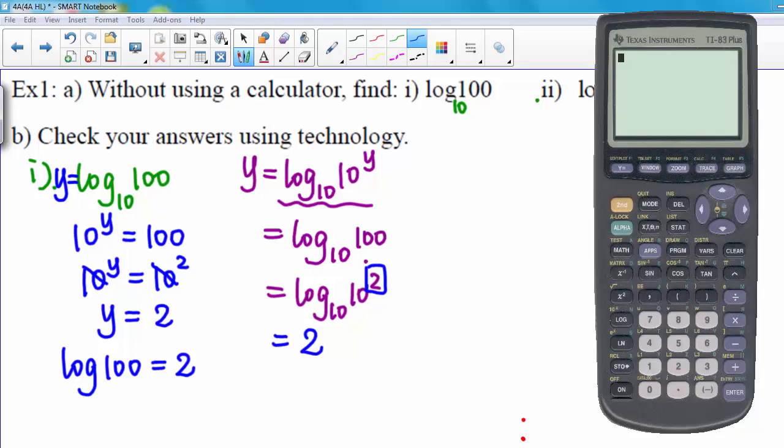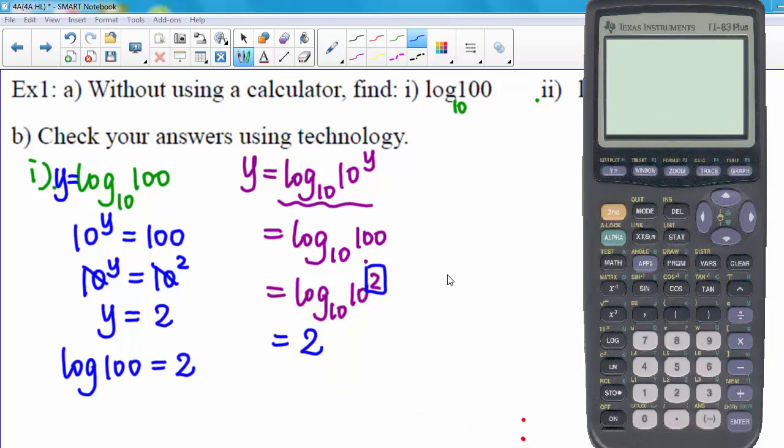The function key for common log is here. So what I need to do is just press this key, log. Okay, let's continue. So log 100, I just press log, then put 100 in. The calculator will give us the value too.